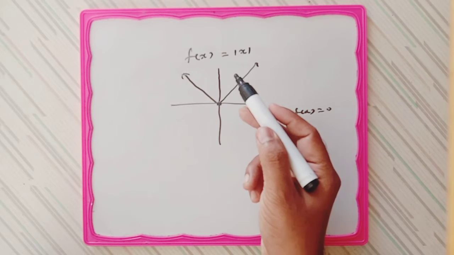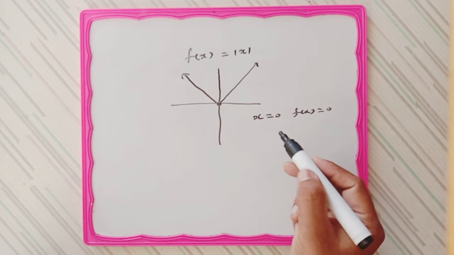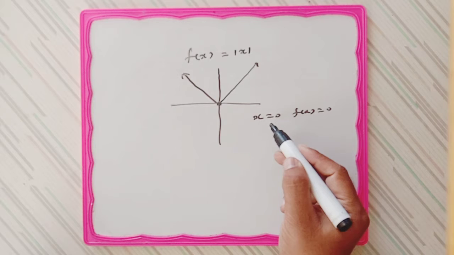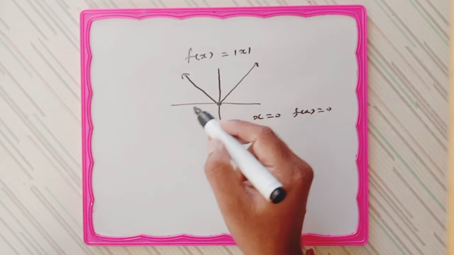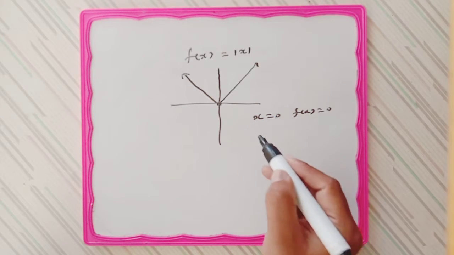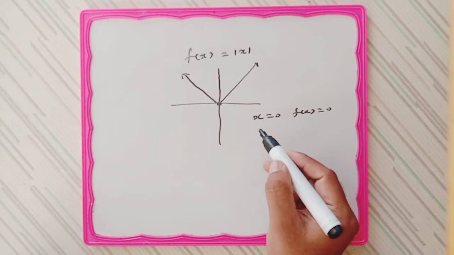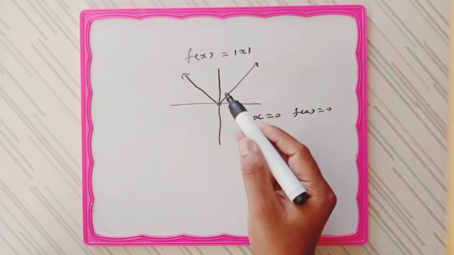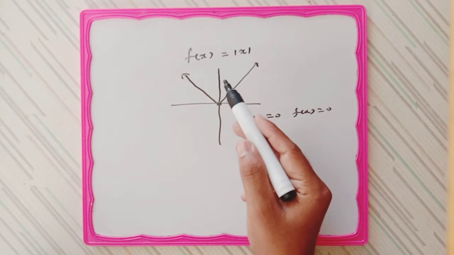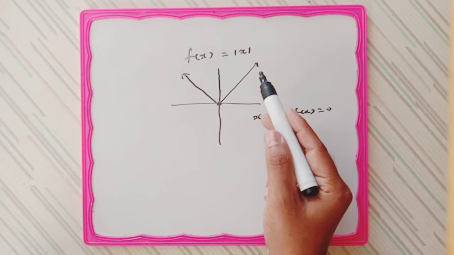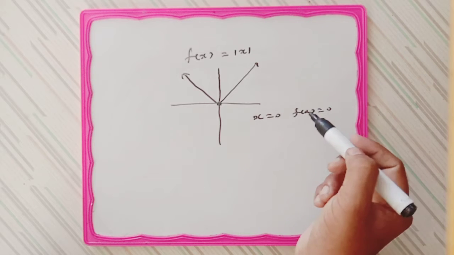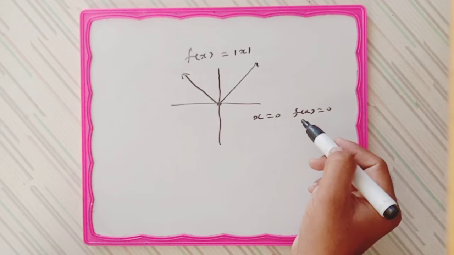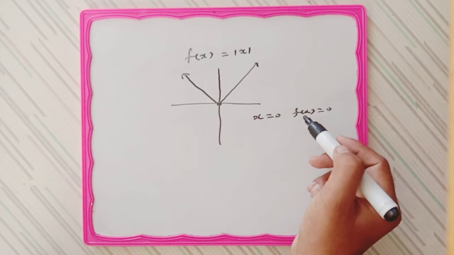So f(x) = |x| has the minimum at x = 0, but it is also increasing in both directions as the x value changes, so we cannot decide the maximum value. So f(x) = |x| does not have a maximum value, but it has its minimum value at x = 0.